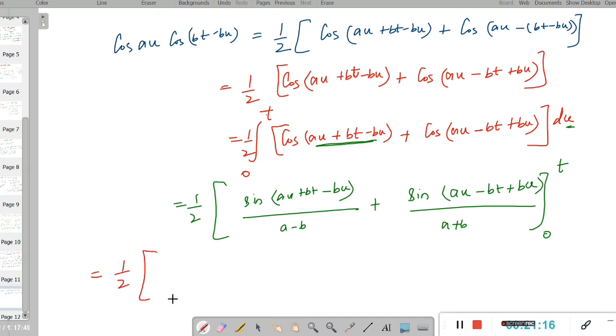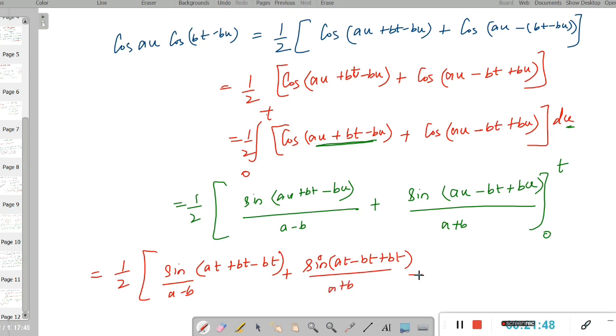If you substitute the upper limit, u equal to t, you get sin at plus bt minus bt divided by a minus b plus sin at minus bt plus bt divided by a plus b, minus the lower limit.